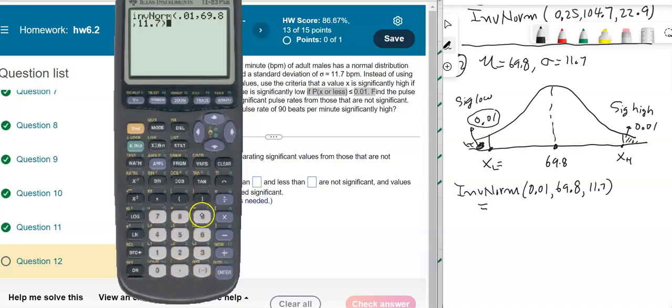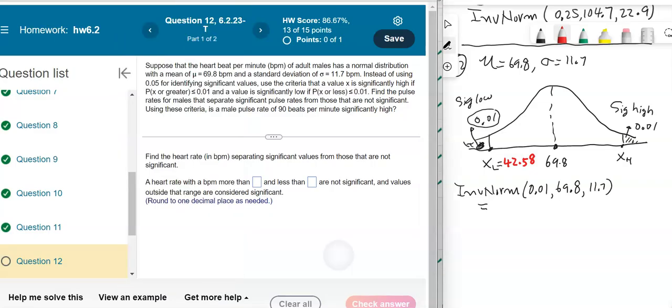Then we get 42.58. When rounded to one decimal, I'm going to say 42.6.